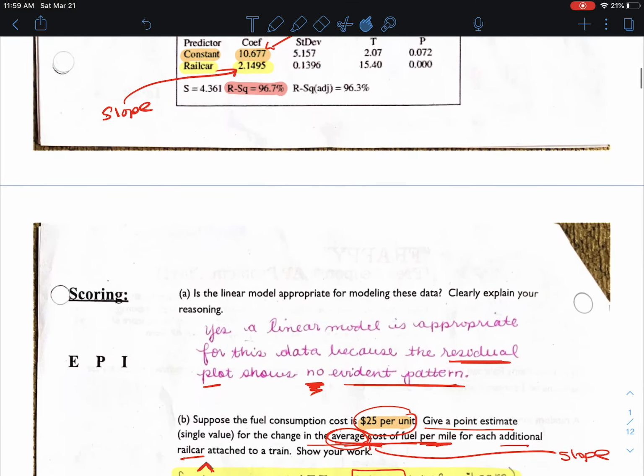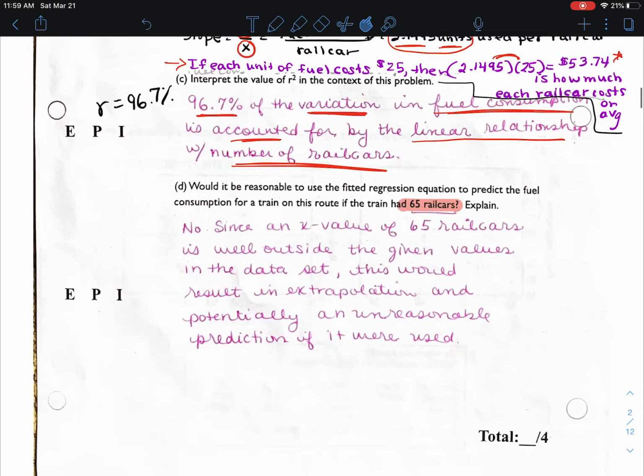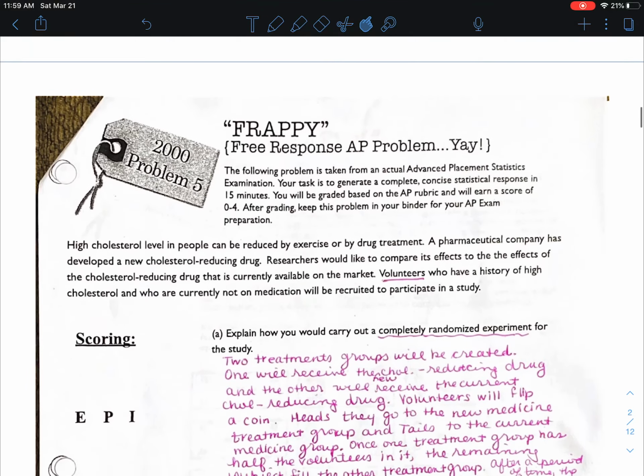We did not have any values in our data set that were as high as 65. And this would be an example of extrapolation if we were to make a prediction for rail cars that high. So we're saying no, that would not be appropriate. It would be extrapolation. It potentially could be an unreasonable prediction if we were to use that with our regression line. Okay, let's go ahead and take a look at the next one.